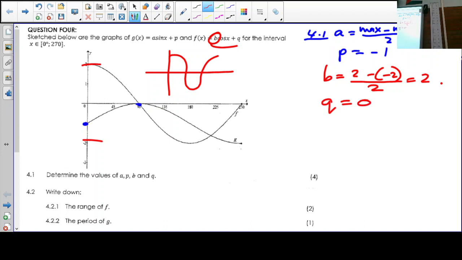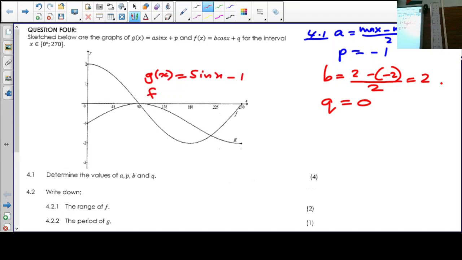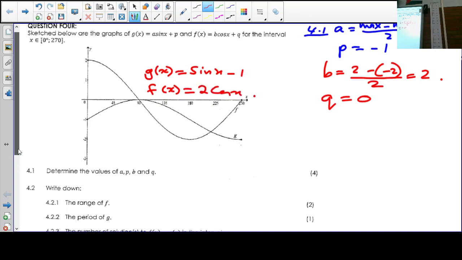So there I got my A, my P, my B, and my Q. So what I'm going to do is write the change next to the graph, so that we can move the graph 1 unit up and we can move the graph up a bit, so we can get the questions in focus. So it's g of x equals sine x minus 1, whilst f of x is equal to 2 cos x. Okay? So there we go.